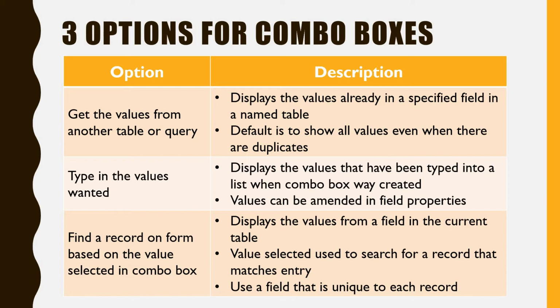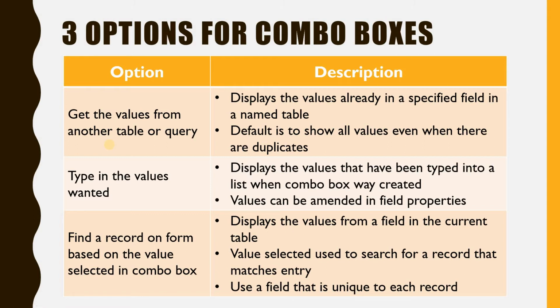It is certainly advisable to use a field that's unique to each record, such as a reference number. In this lesson, we're going to look at option 1, in which we're using the combo box to get the values from another table or query.